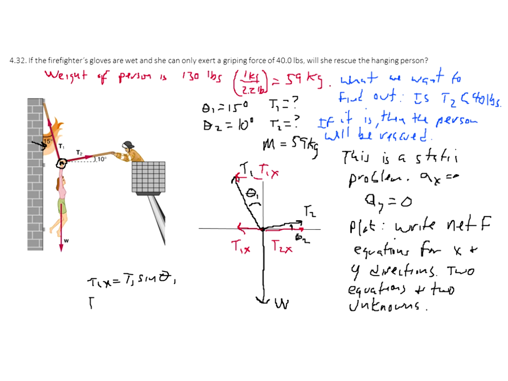And this one is going to be, again, the opposite. T2x equals T2 sine theta 2. So T2 sine theta 2 equals T1 sine theta 1.